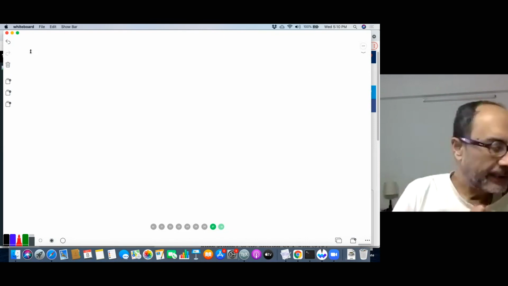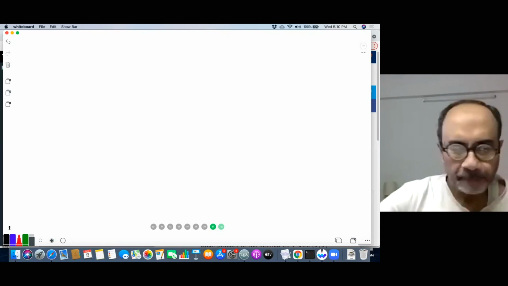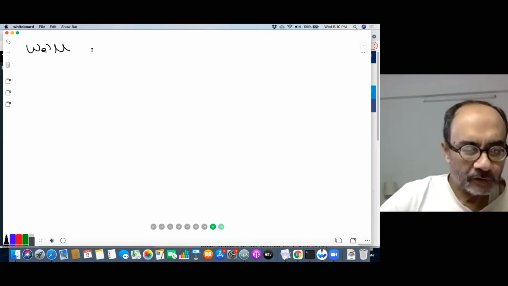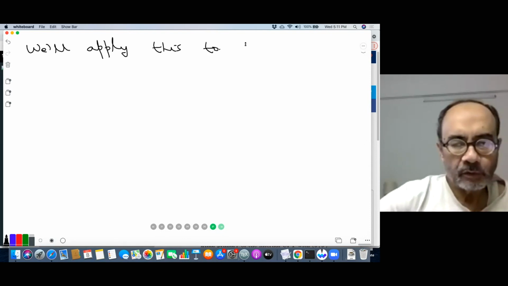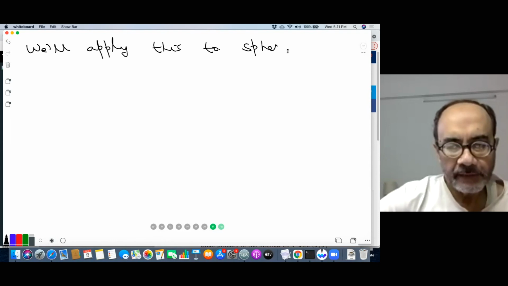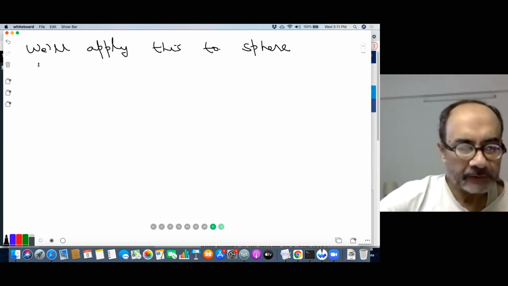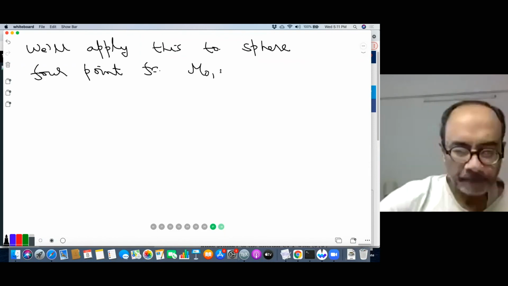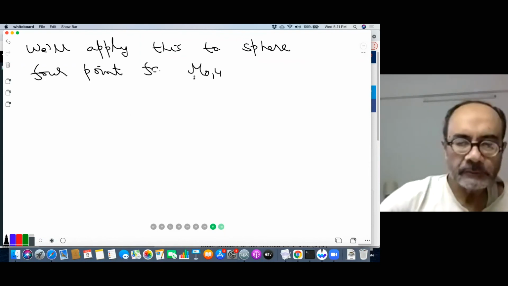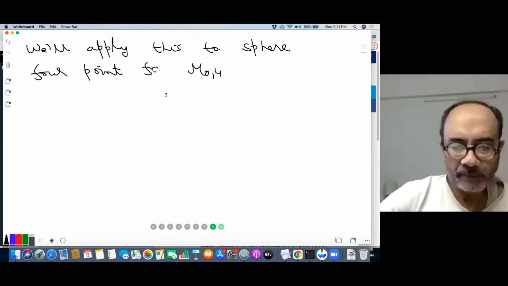So we'll apply this to the sphere 4-point function, which is M04, G equal to 0, number of punctures 4.